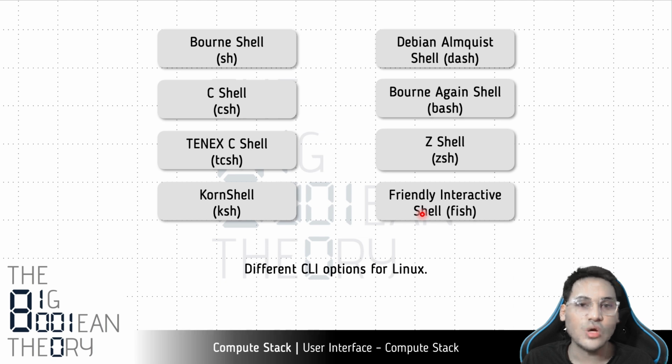On Unix based operating systems, the command line interface has been the dominant way of interacting with the system, so different shells have evolved over time. The Bourne shell was the original one, and different derivatives were written over it. All of these interpreters provide some unique features, and you can use whichever suits your needs. So the point is that within the same operating system, you can have different CLI options to choose from.